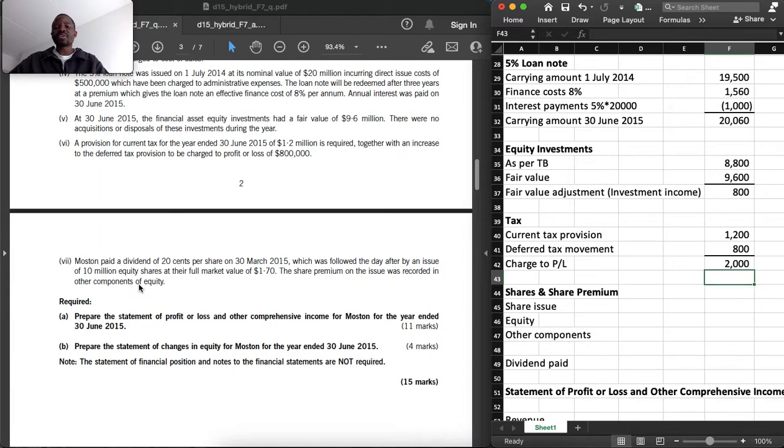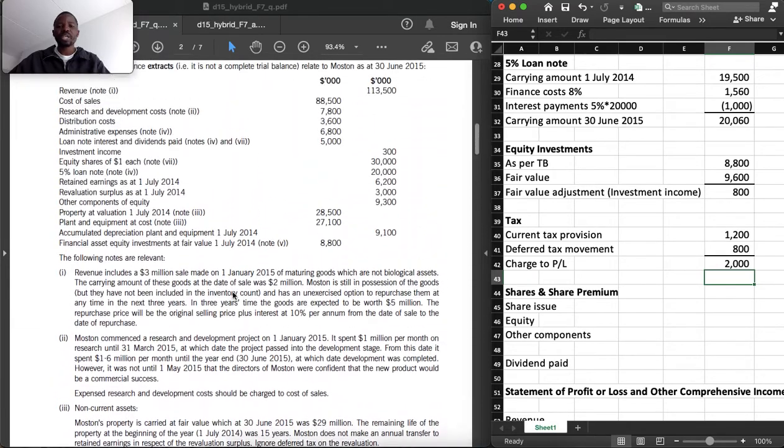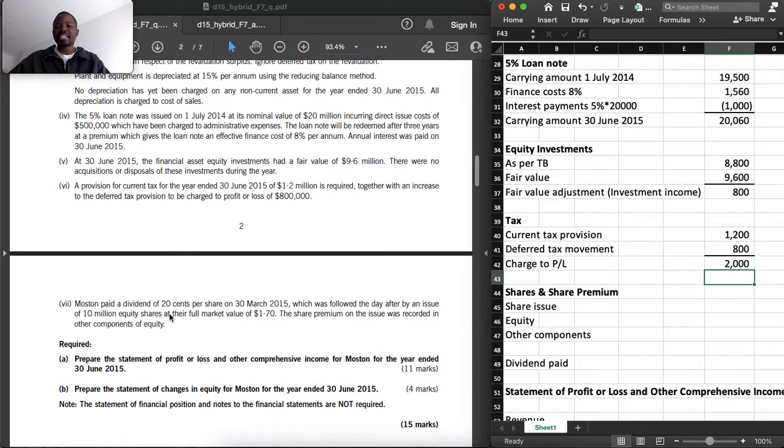Moston paid a dividend of 20 cents per share on 30 March 2015, which was followed the day after by an issue of 10 million equity shares at their full market value of $1.70. The share premium on the issue was recorded in other components of equity. So in this instance, it simply tells us that there was an issue of shares during the year.